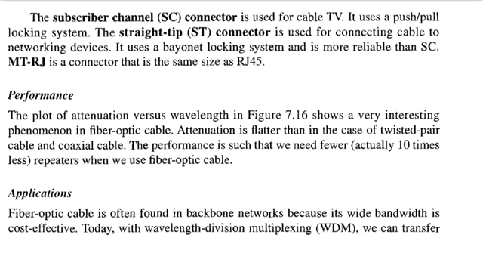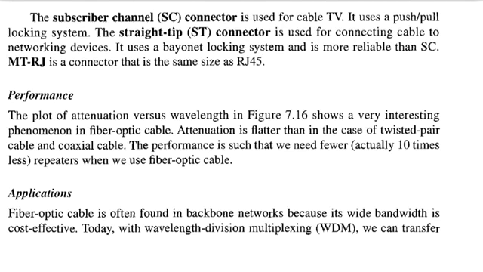It uses a push-pull locking system. The straight tip connector is used for connecting cable to networking devices. It uses a bayonet locking system and is more reliable than SC. MT-RJ is a connector that is the same size as RJ45.